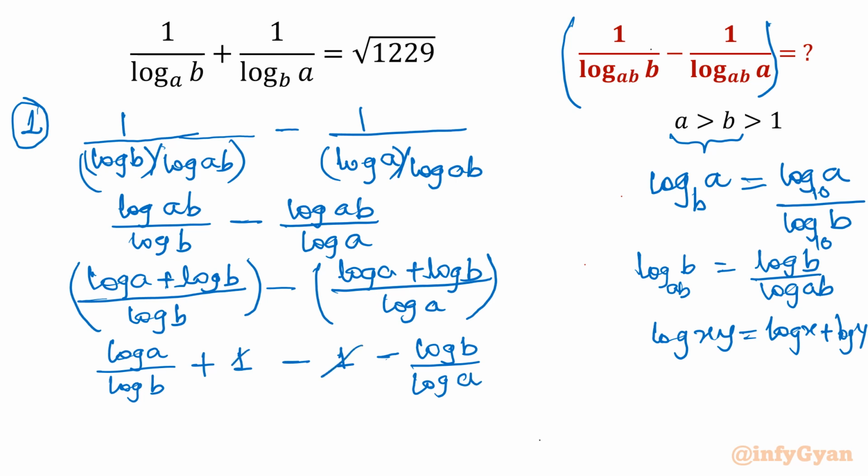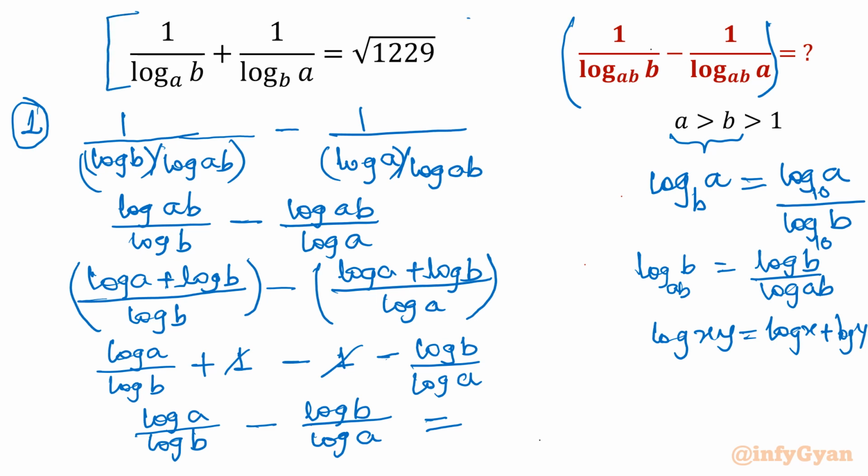Now I can cancel the plus and minus 1. So what is left is log a over log b minus log b over log a.